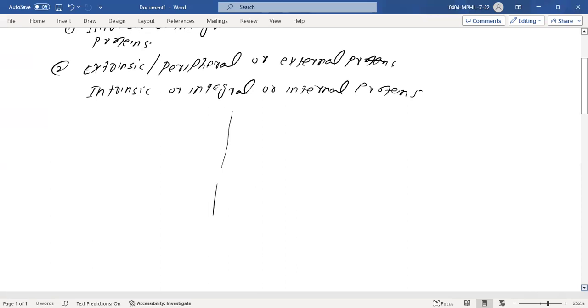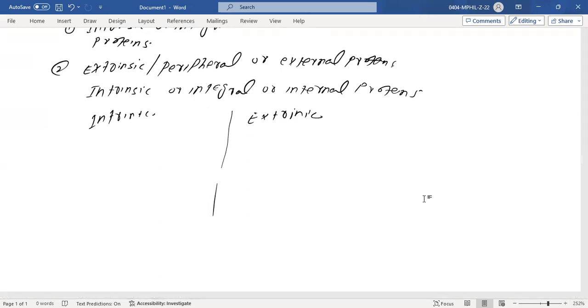For example, the first one is intrinsic and the other is extrinsic. So you can differentiate all of these different types of proteins.